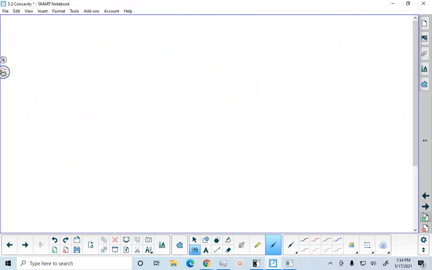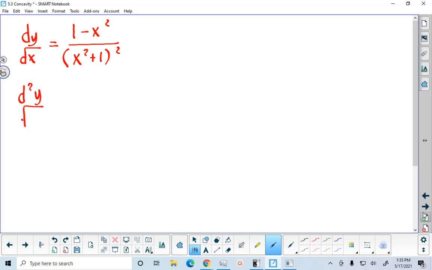We are going to now take our second derivative, or sorry, our first derivative, dy dx, which is 1 minus x squared over x squared plus 1 squared, and we're going to differentiate it to determine the second derivative. d2y dx squared is how we write the second derivative, and I'm still going to have to use the quotient rule.